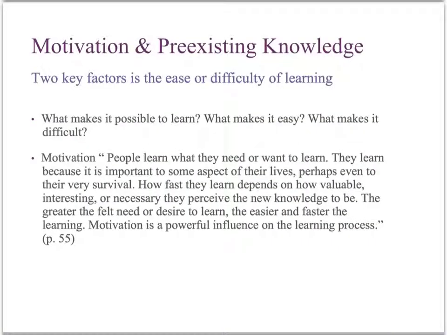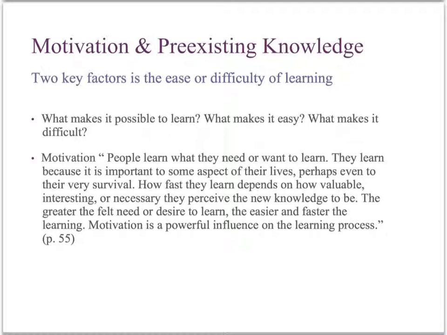Motivation and pre-existing knowledge. Two key factors in the ease or difficulty of learning. What makes it possible to learn? What makes it easy? What makes it difficult? Motivation is key. People learn what they need or want to learn. They learn because it is important to some aspect of their lives, perhaps even to their very survival.